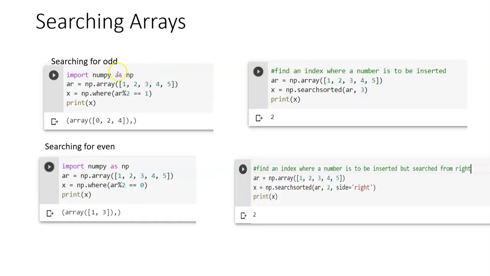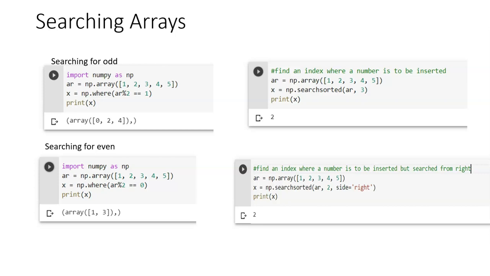You can search for odd numbers. See the conditional statement: AR percentage 2 equals 1. When AR percentage 2 is 0, it means it is an even. You search where even numbers are, you search where odd numbers are. You can also find the index where a particular number is to be inserted.